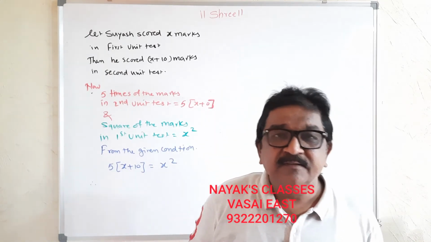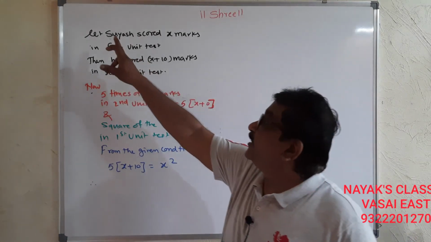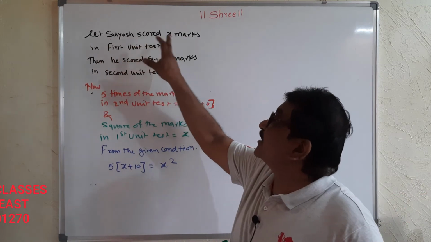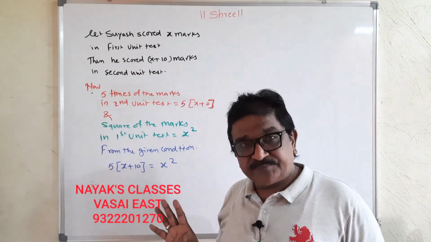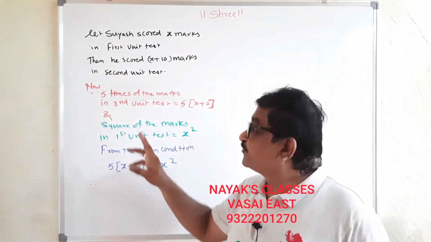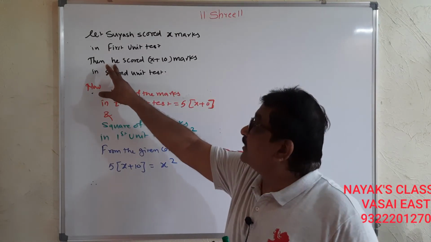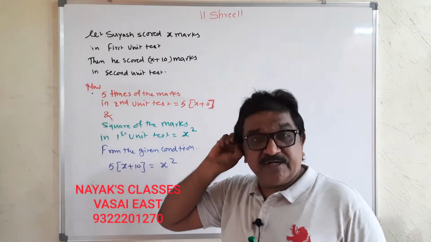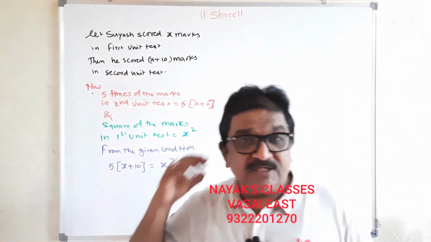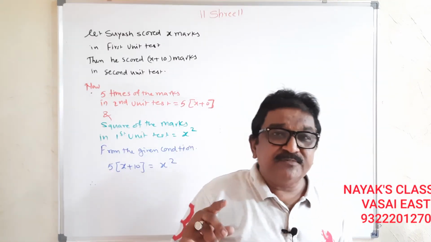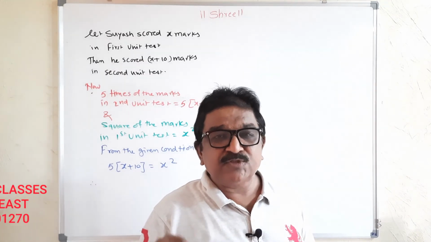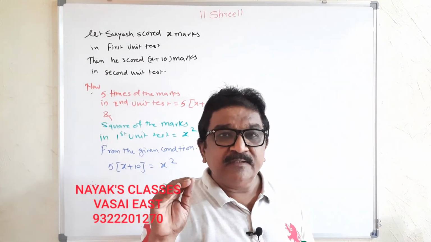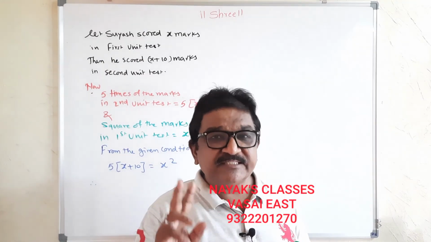So, let Suyesh score x marks in the first unit test. Then, he scored x plus 10 marks in the second unit test. The condition says Suyesh has scored 10 marks more in the second unit test.